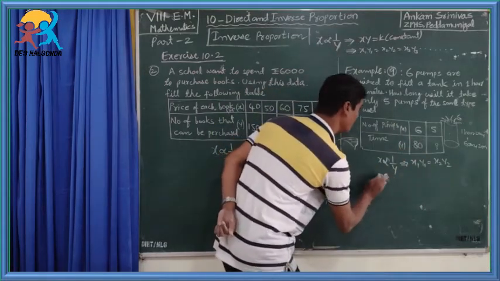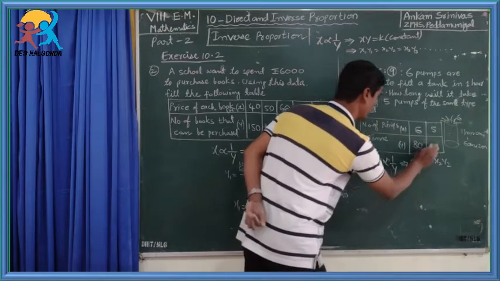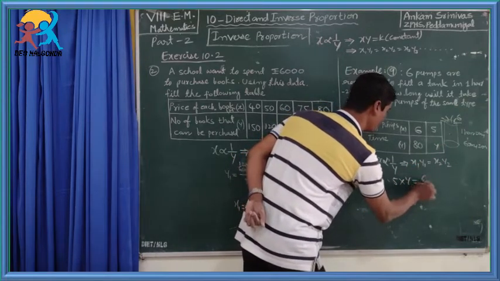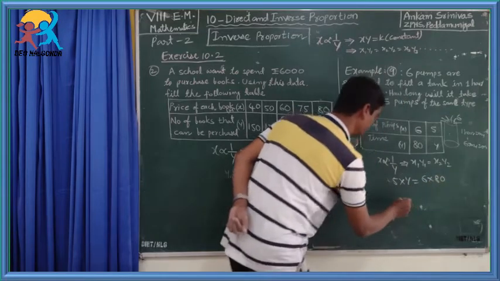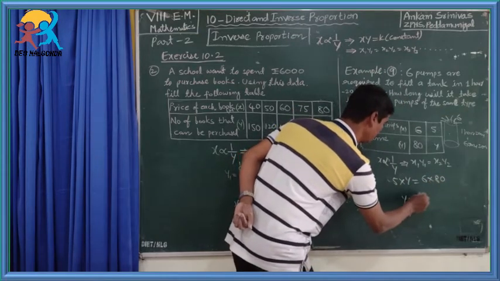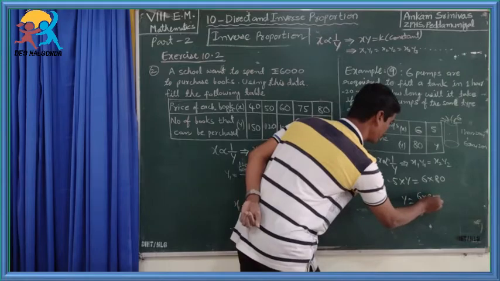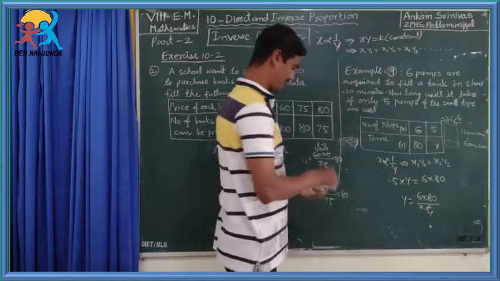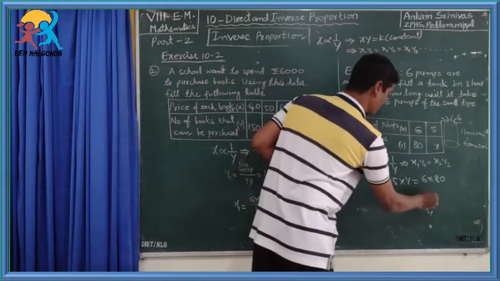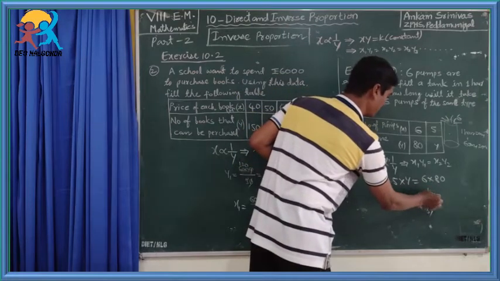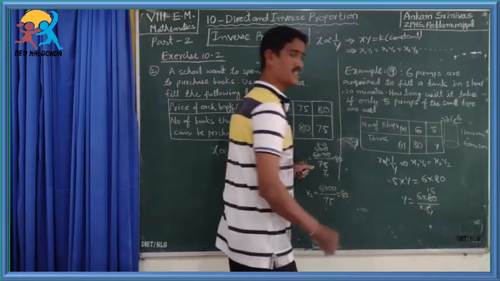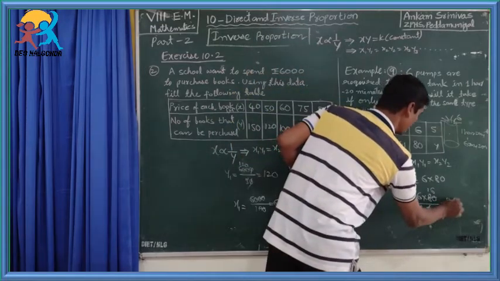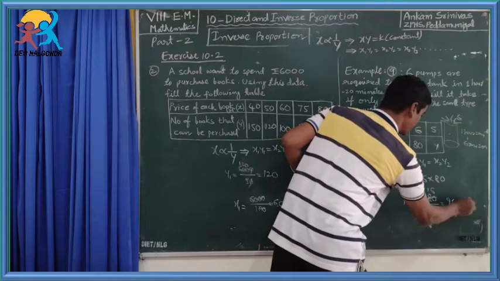So 5 into y equals 6 into 80. y equals 6 into 80 by 5. 5 ones are 5, 5 threes are 30, 16. 16 sixes are 96. So 96 minutes.